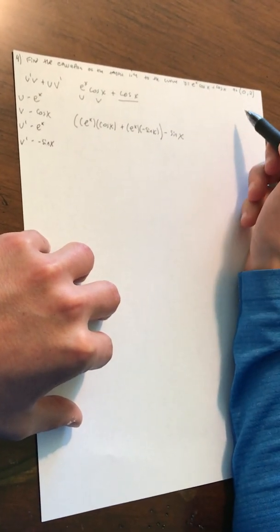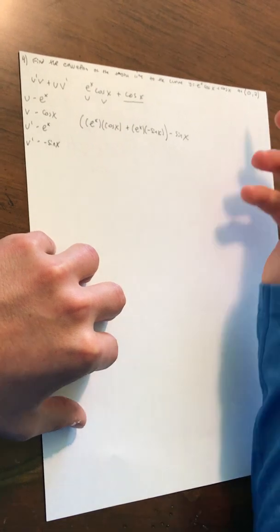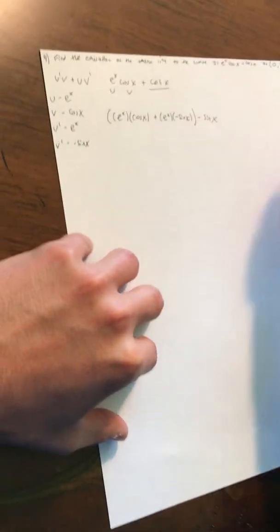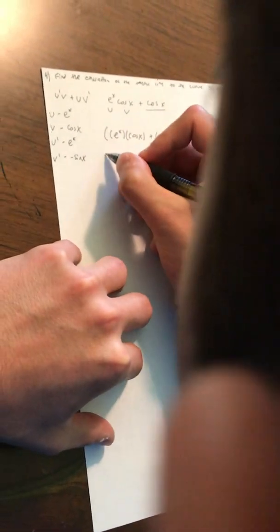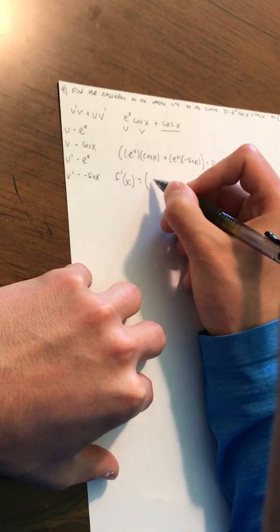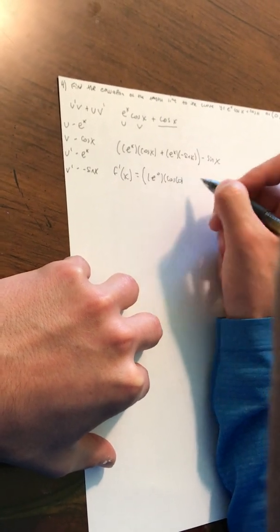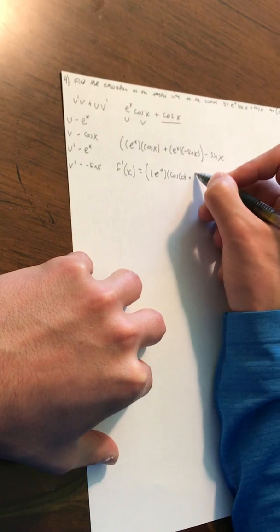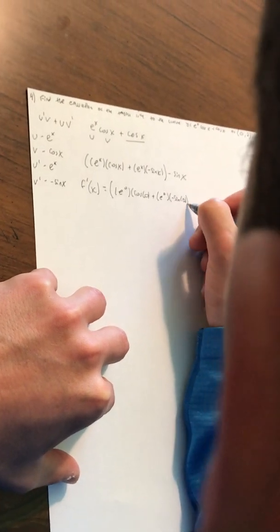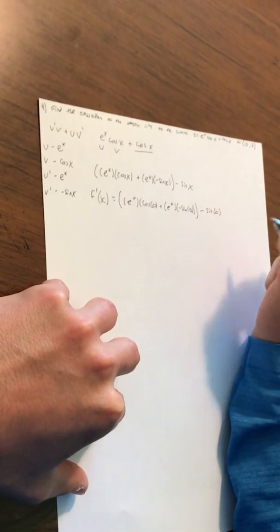Now that we have found the derivative of this entire equation, and we know we have a point at 0, 2, we can plug in our x value, which is 0, to find f prime of x, which is equal to e to the 0 times cosine 0 plus e to the 0 times negative sine times 0, minus sine times 0.